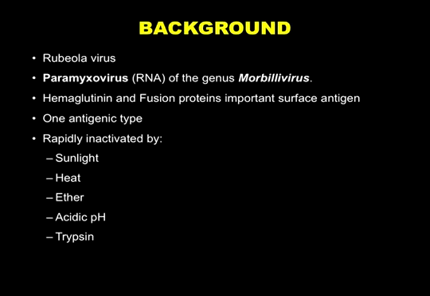Of note also, there's only one antigenic type of measles. Though there have been cases of mutations in those antigenic proteins, the hemagglutinin, they have not had any epidemiological significance. The virus is also easily inactivated by sunlight, heat, ether, acidic pH, or trypsin.